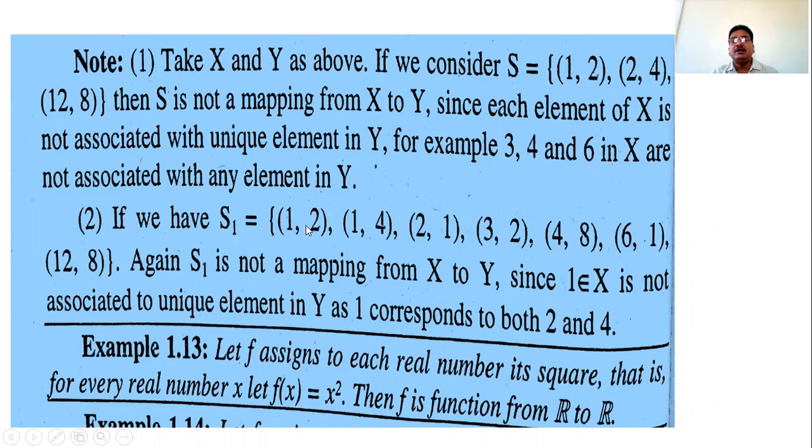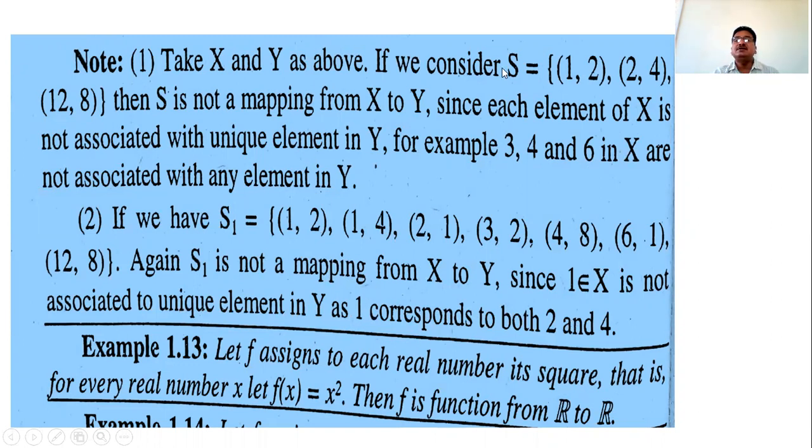That is, each element 1, 2, 3, 4, 6 and 12 are all related. Each element is related in this example S1, but the unique condition fails. 1 is related to 2 as well as 4 under this relation S1, and therefore S1 is not a mapping, or S1 is not a function, because 1 belonging to X is not associated with a unique element. 1 corresponds to both 2 and 4.